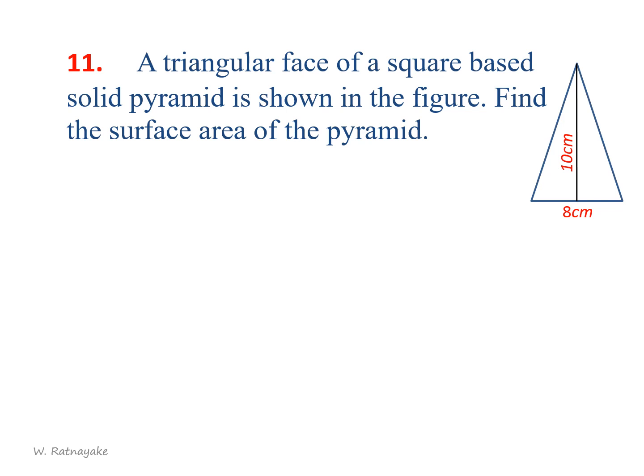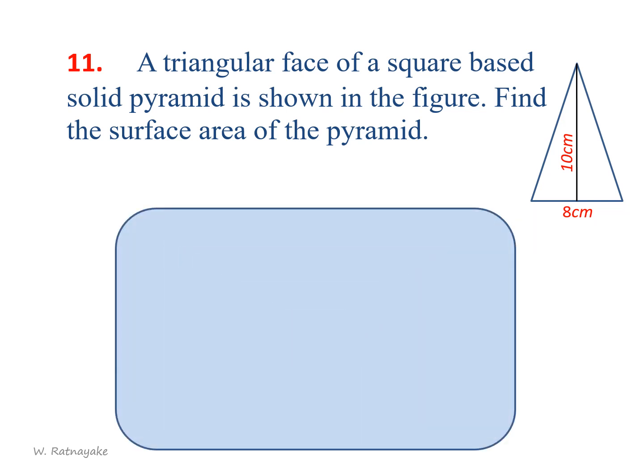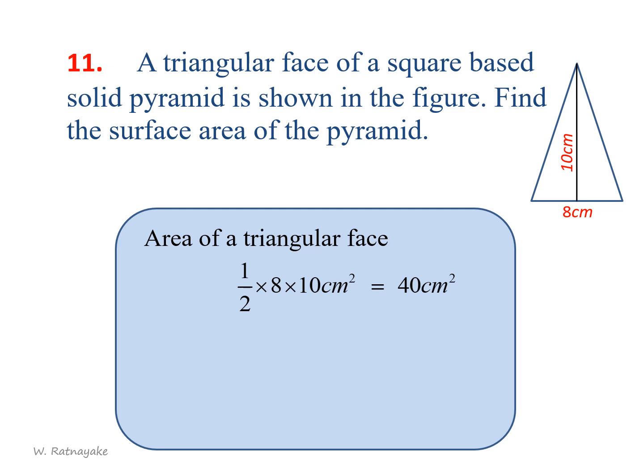So to find the surface area, first we can find the area of a triangular face. The area of a triangle is half into base into height. So here the area of a triangular face is equal to half into 8 into 10, in square centimeters.